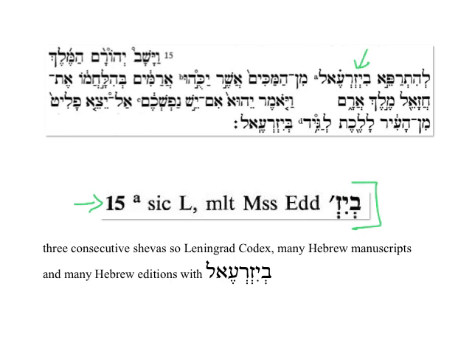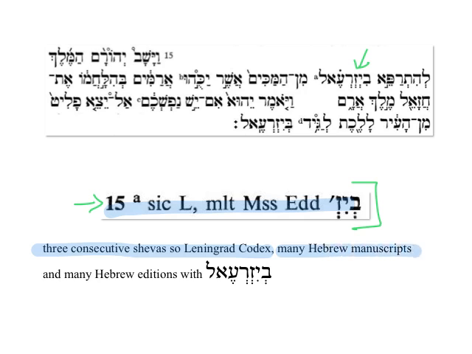Now, what the student should get in the habit of doing is, whenever possible, translating the apparatus, that is, decoding the apparatus, but putting it in very straightforward English. That is, in this case, we could say something like, the 3 consecutive shvas in the Leningrad Codex.